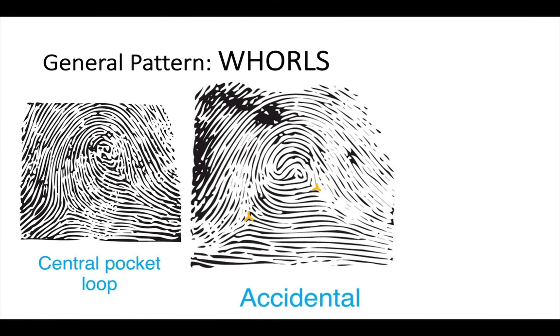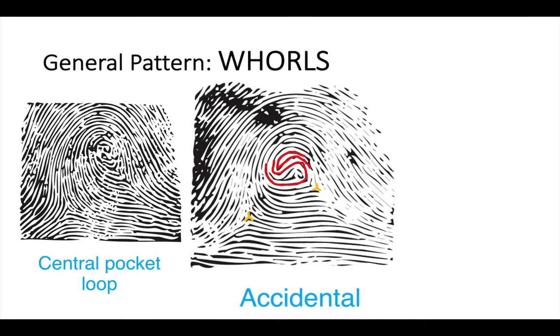Well, I do see a pattern inside, but it almost looks like you have a second pattern inside, as well as having lines come out. This makes it an accidental when you have two or more patterns, or if it doesn't follow the general rule.